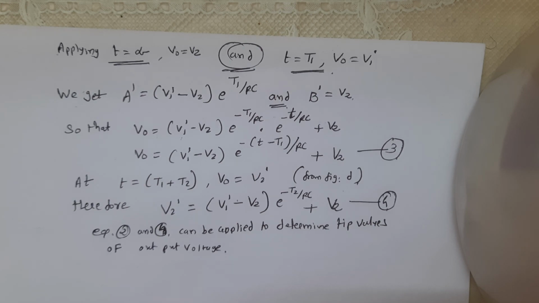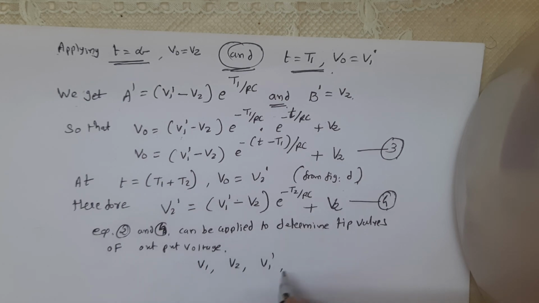So in this way we are getting the values of V1, V2, V1 dash, V2 dash. This completes this theory. Thank you.